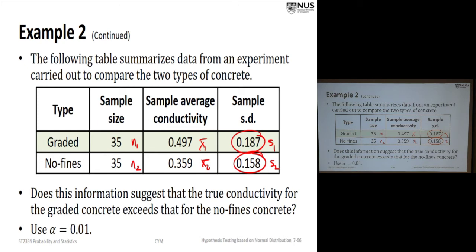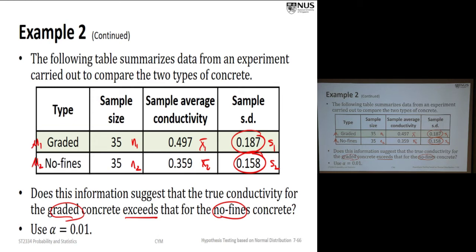This is the question that you are asked: whether the grade concrete exceeds the no fines concrete in terms of the average thermal conductivity. Now, which one is 1, which one is 2? Okay, I can take this as 1 and this as 2. It doesn't matter which is 1, which is 2.